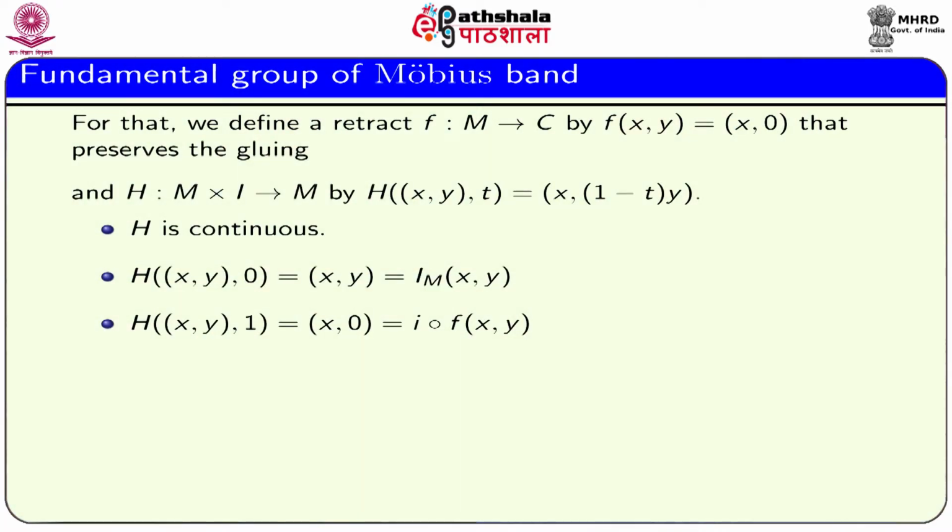Then of course, capital H is continuous. H of x, y, 0 equal to x, y, which is the identity function operated on x, y, and H of x, y, 1 equal to x, 0, which is i composed f evaluated at the point x, y, where small i stands for the inclusion map.